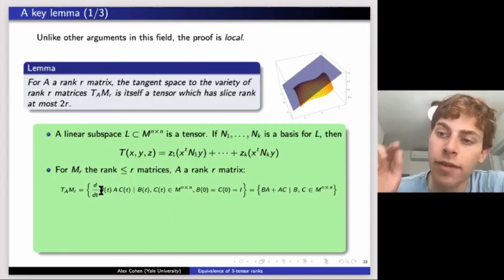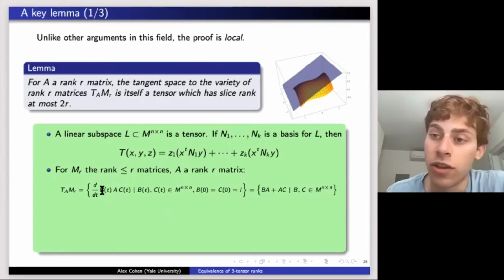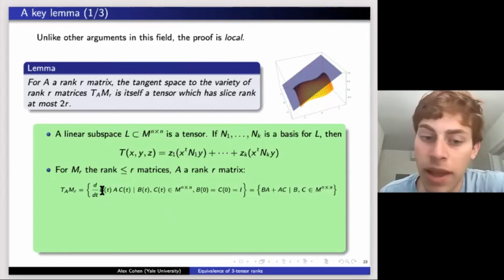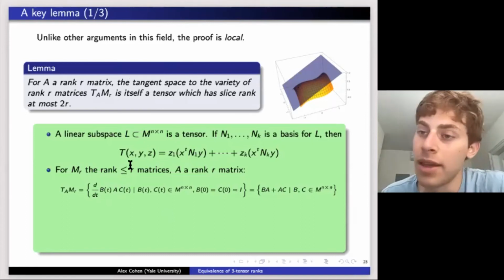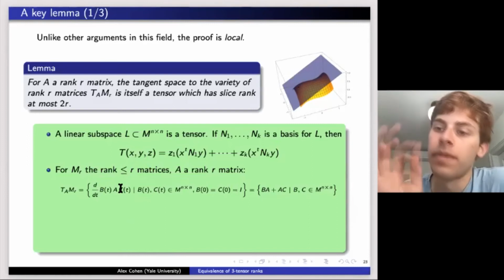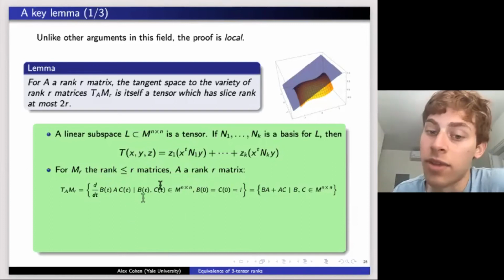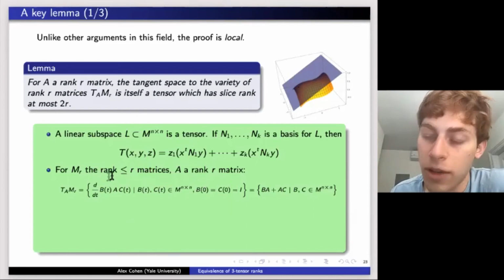If we have some curve through A lying on MR, you can parameterize it like this: because all of the rank R matrices are related by change of basis, you can write any rank R matrix as B times A times C for some matrices B and C. So we write the matrix at time t as B of t times A times C of t, where B and C are the identity matrix at time 0, and these are just n by n matrices.